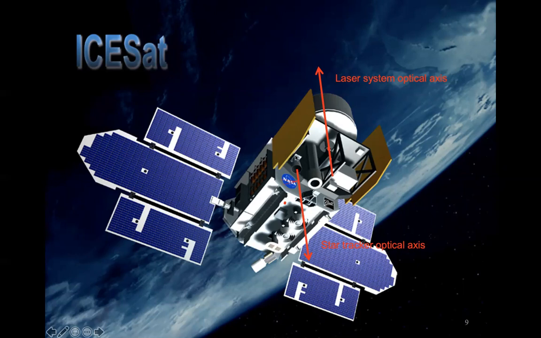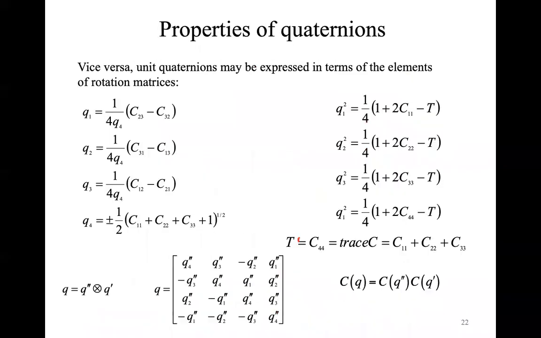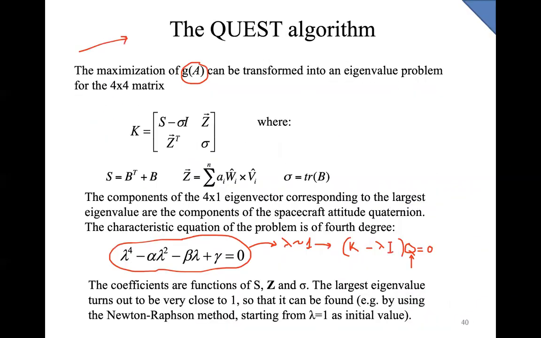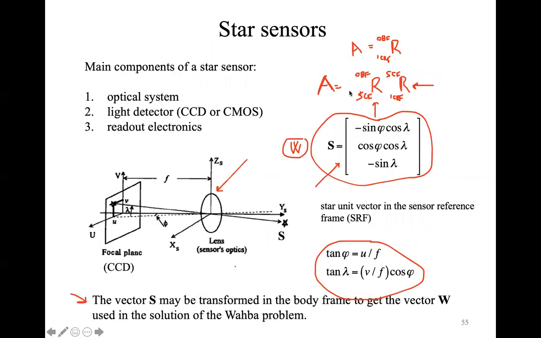But if you want to compute the attitude of the spacecraft, the versor S of the star is not exactly the unit vector that you need, so your W. What I am assuming here, and when we do the exercise we can assume, is that this additional transformation matrix from the instrument to the body frame is an identity matrix, so we don't need an additional transformation.